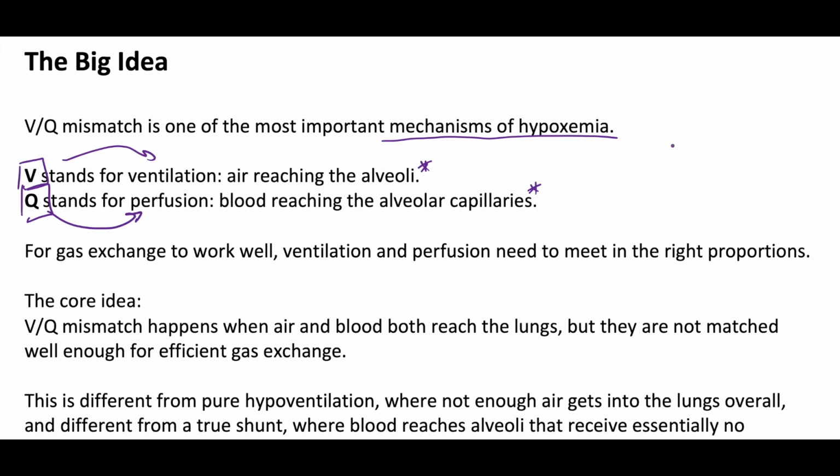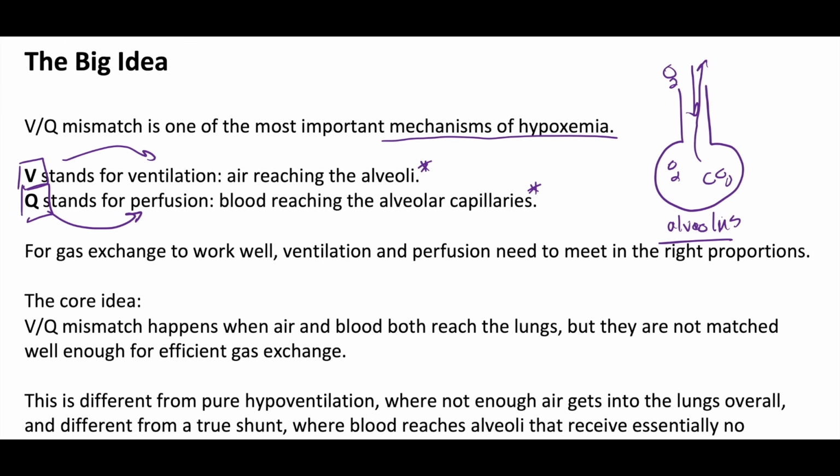So VQ mismatch, right? We're going to draw a little bad drawing. If you're listening to this in podcast version, we're not a good sketch artist, so you're not missing much. But you have a bronchial, right? This is where O2 goes in, and then CO2 goes out, and it goes into this alveoli, the sac of air. This is where alveolus would be more accurate for one of them.